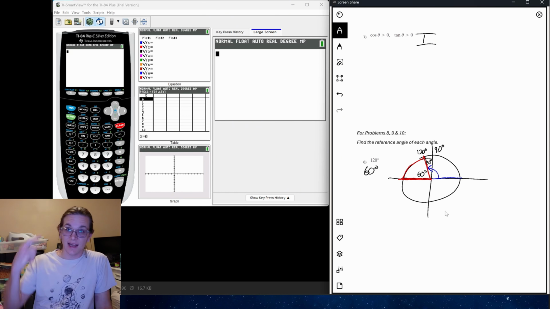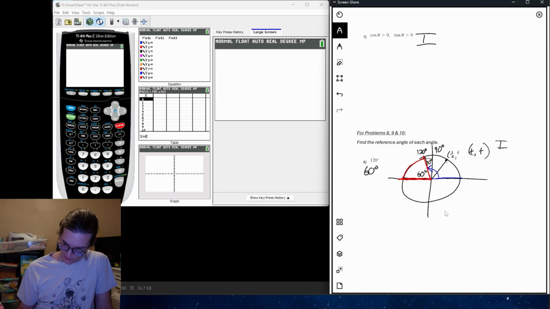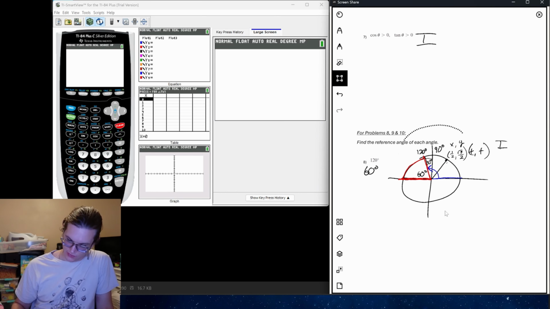So remember the next step then is, what is the point on the circle for 60 in the positive regime here? Well, it's 1/2 comma root 3 over 2, where 1/2 is the x-coordinate and root 3 over 2 is the y-coordinate.